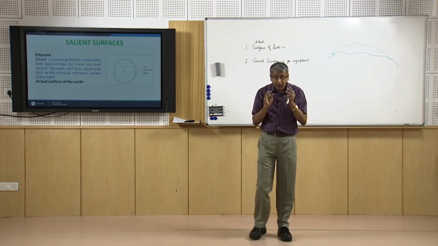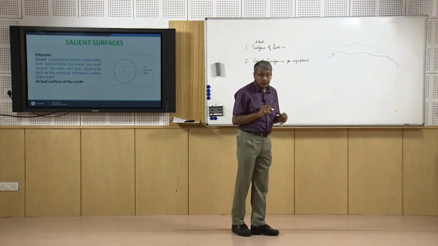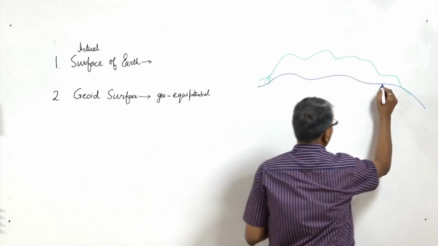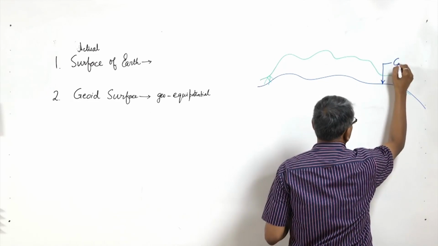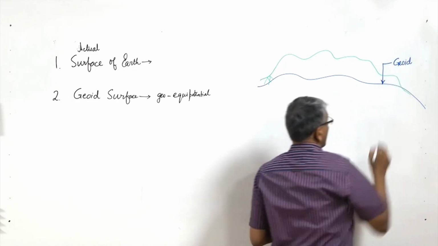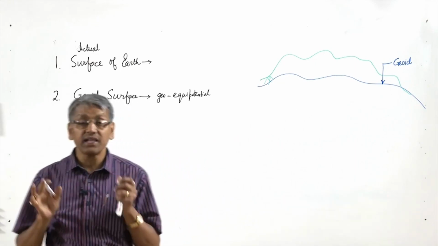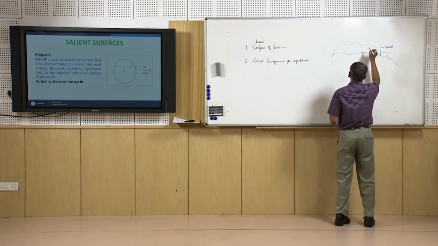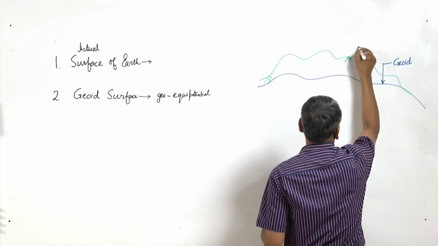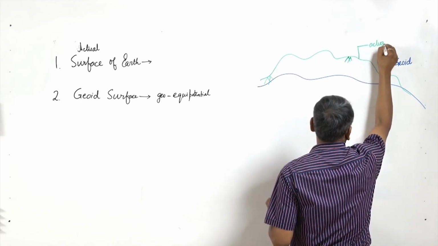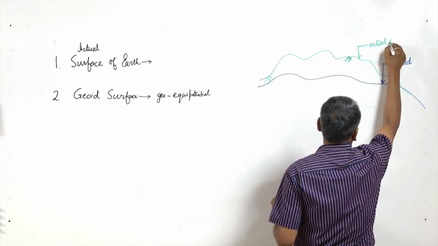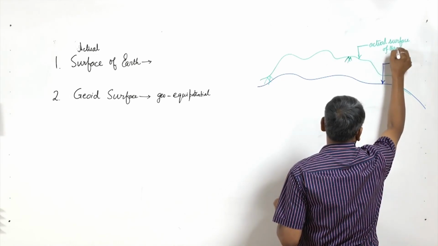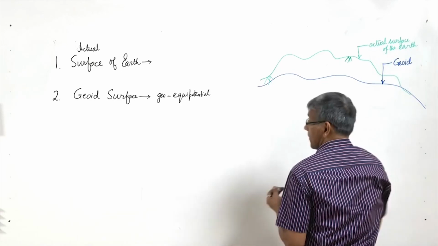So, physically we may have this thing, and that is the reason this geoid surface is considered as the physical surface of the earth, and this earth surface is the actual surface of the earth.